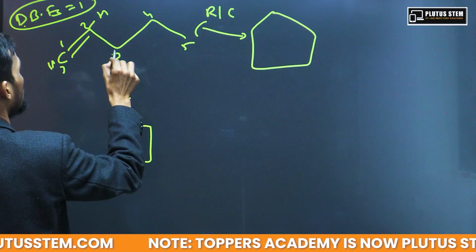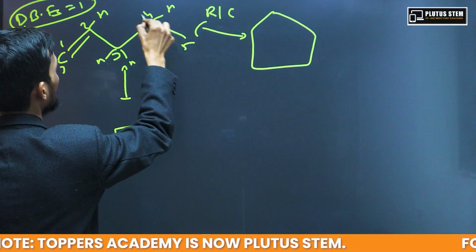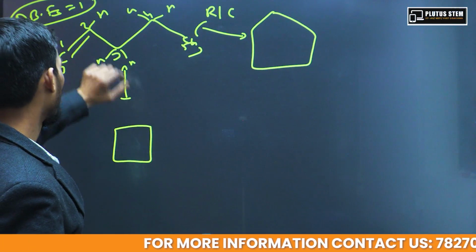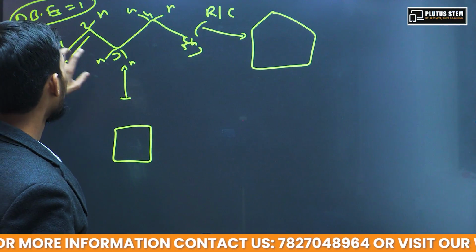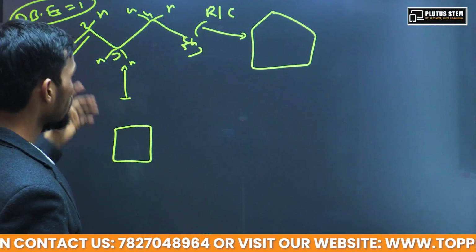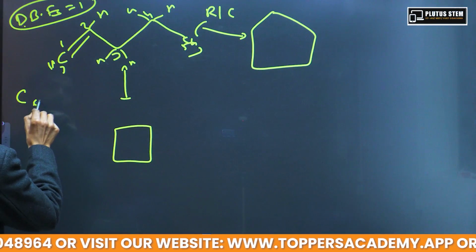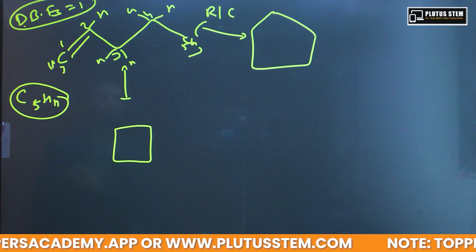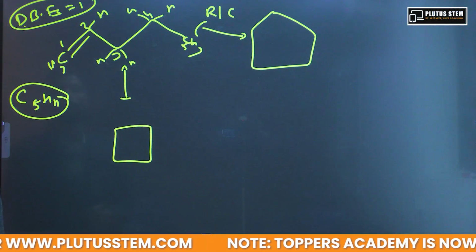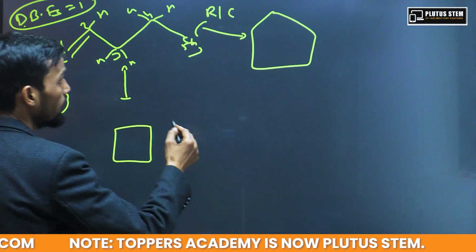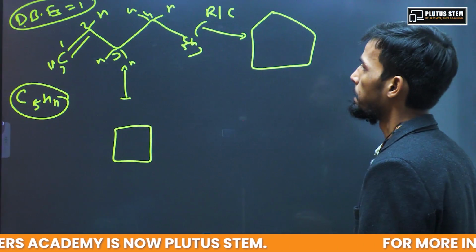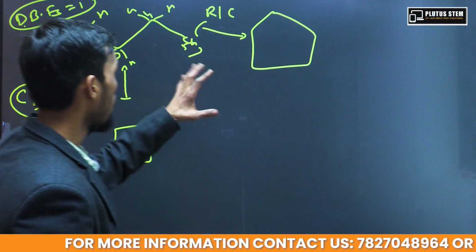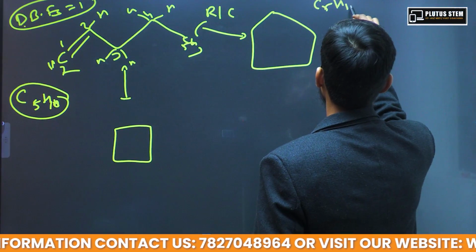CH2=CH-CH2-CH2-CH3 is C5H10, and for the cyclic one also C5H10.